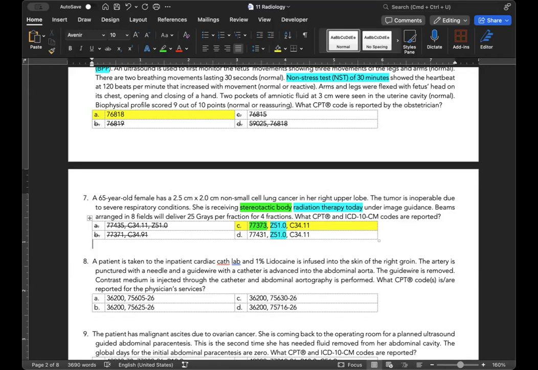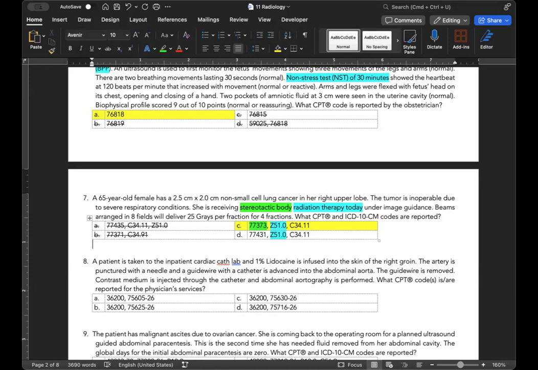So Michelle has a question. Can you distinguish the difference between treatment delivery and treatment management? Yes. Treatment delivery is going to be the actual delivery of the treatment, right? The actual action of giving the radiation therapy. Whereas treatment management is kind of when they are managing the dosages, managing the plan.